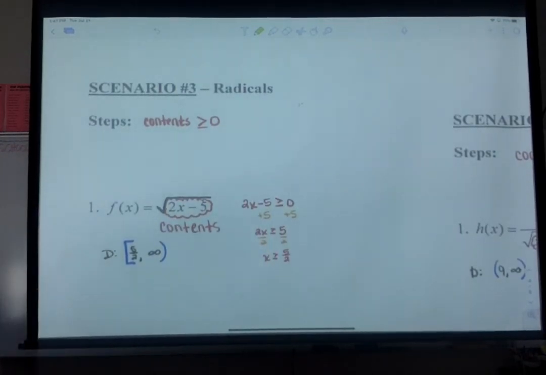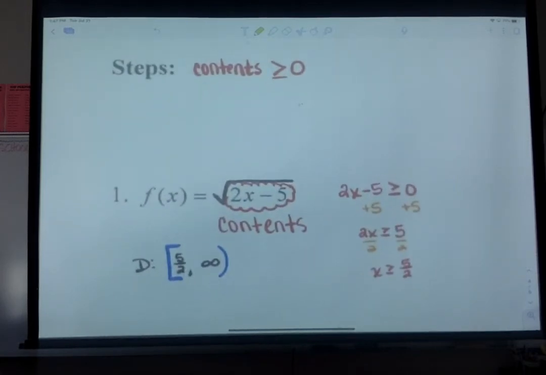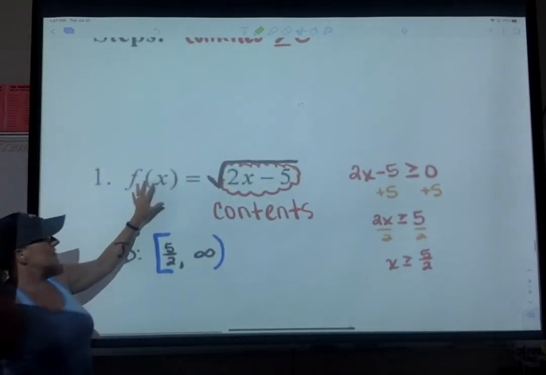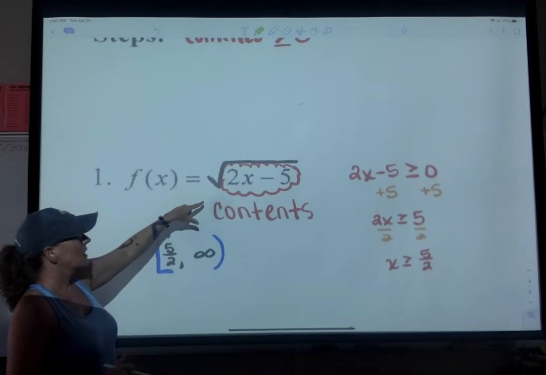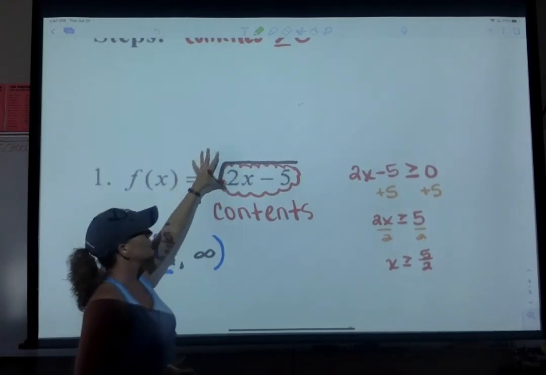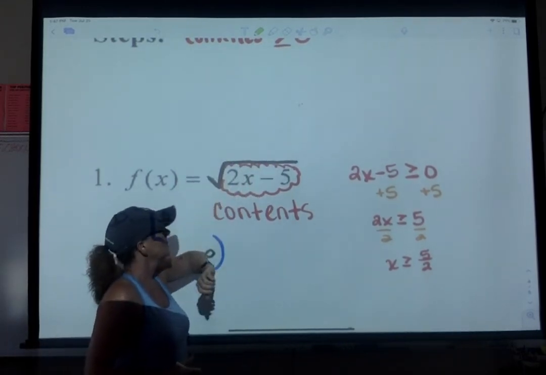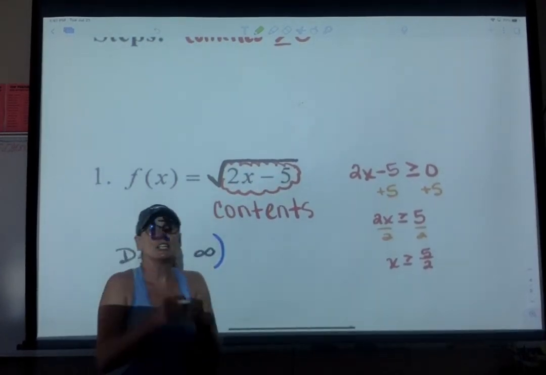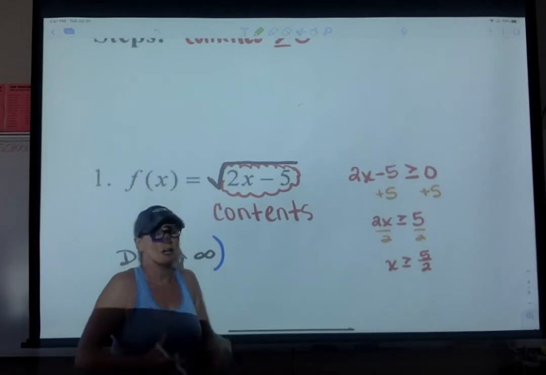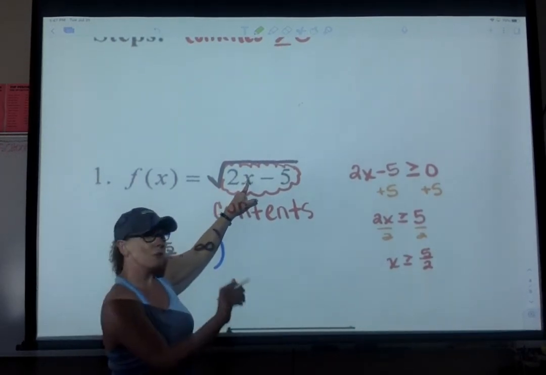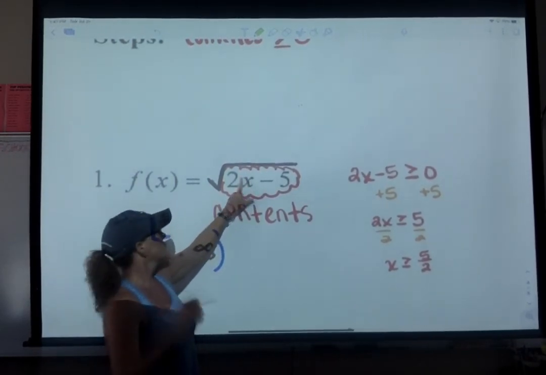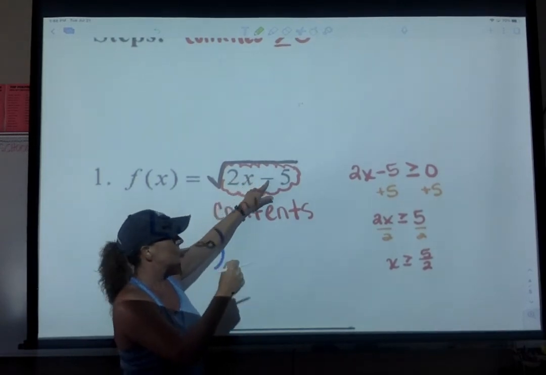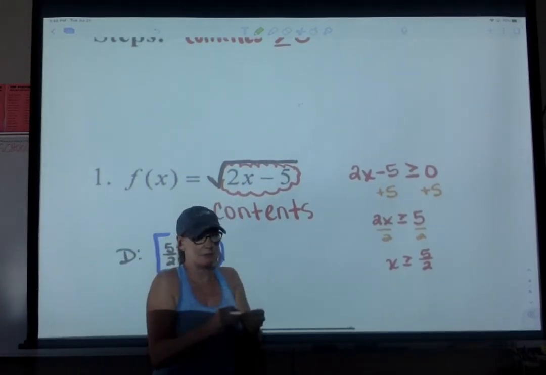I'm going to move on to radicals. Remember, one of the things that you cannot do in the real number system, you can't square root a negative. So this red cloud right here cannot represent a negative number. So be careful what you plug in for x, so that when you do 2 times that number minus 5, you don't want to get a negative.